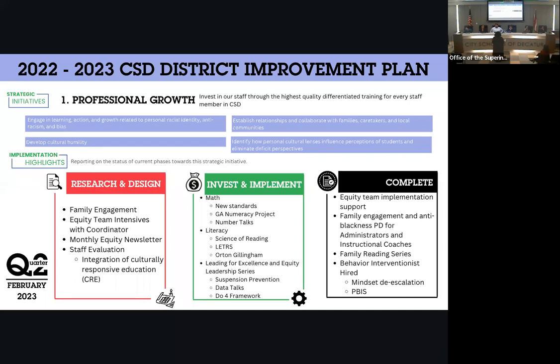This comprehensive professional learning is designed to provide CSD's early childhood and elementary educators with skills needed to master the foundational and fundamental of reading and writing instruction: phonological awareness, phonics, fluency, vocabulary, comprehension, and written language. The district is also excited about offering LETTERS to our CSD administrators this summer.